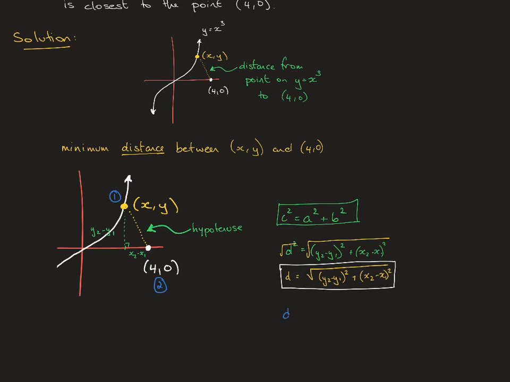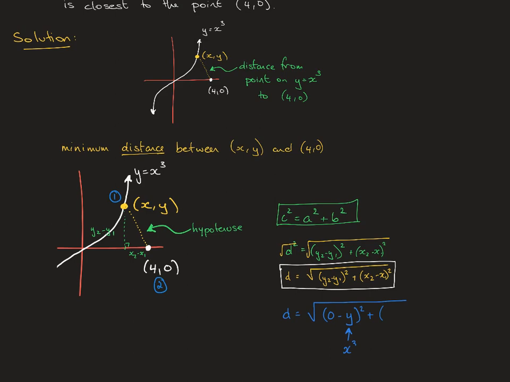Now I'm going to substitute in my x and y values for points 1 and 2. The y value from point 2 is 0, take away the y value from point 1, which is y. The equation of this line is y equals x cubed, so instead of y I can put x cubed there, and then I only have x's in my formula.